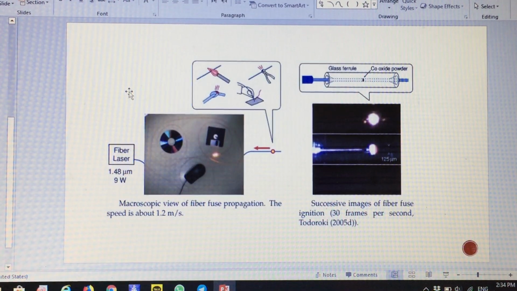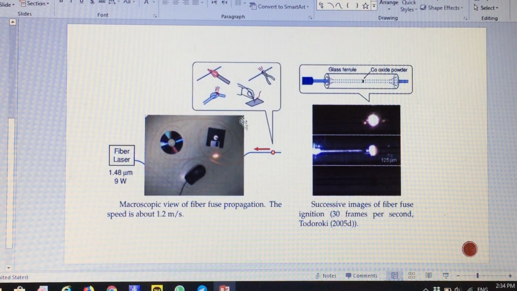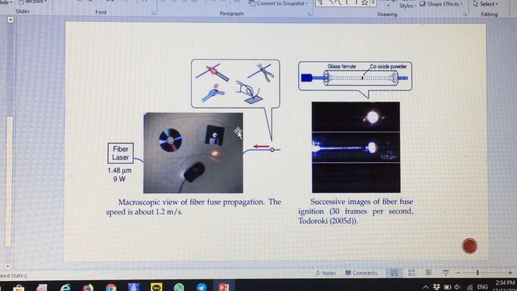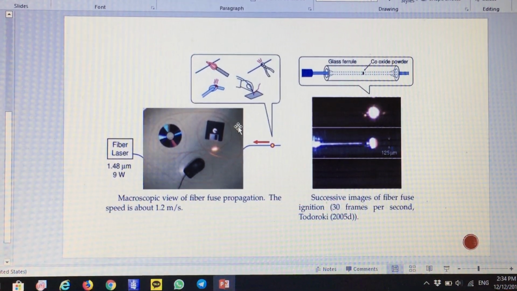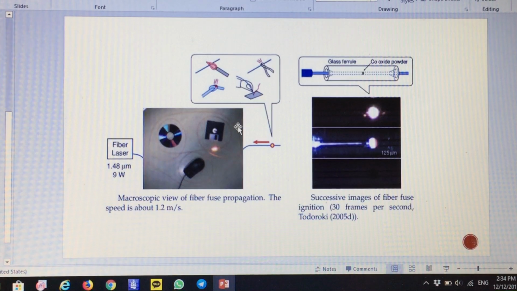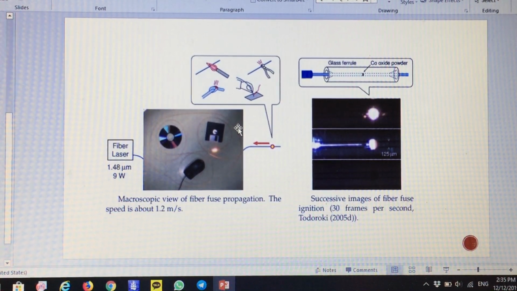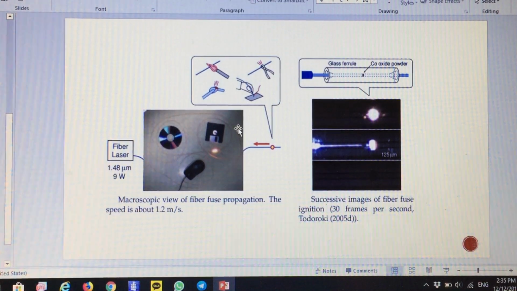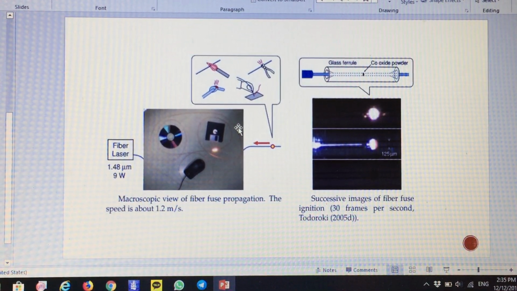The other one is fiber fuse. Fiber fuse is a phenomenon that results in a specific type of catastrophe, destruction of the optical fiber core due to applying high optical power, so we should control these amounts of power.